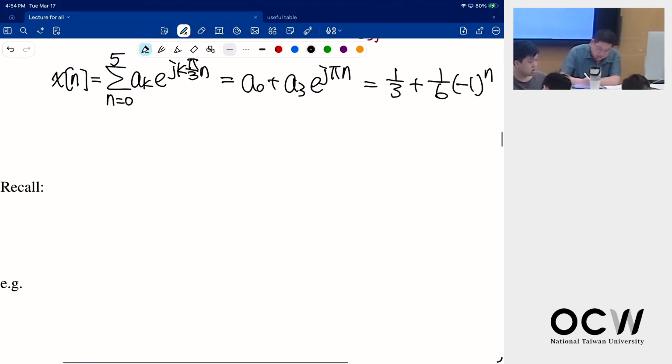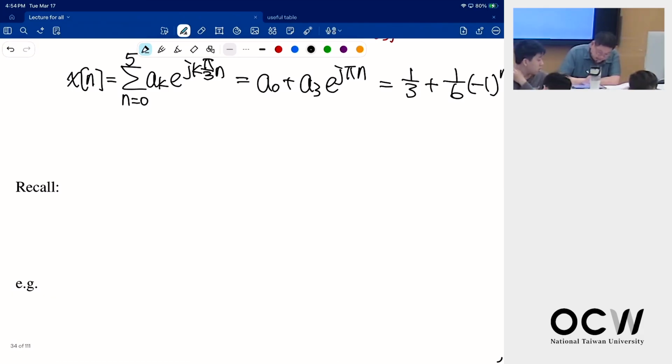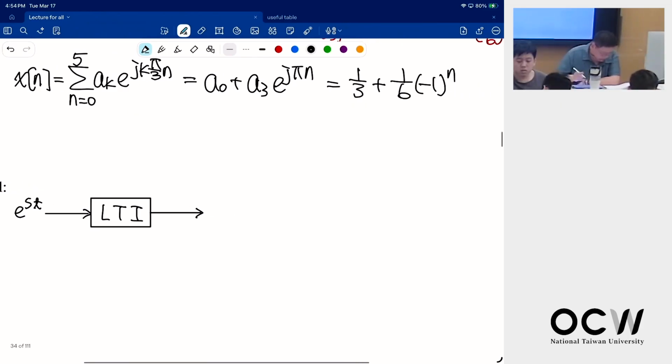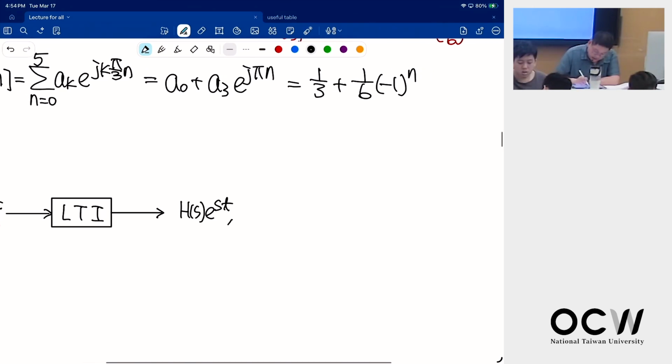So if this is e to the st, and I send it to the LTI system, then I also should have e to the st, but times something. Here it is H of s, and this H of s is this form.